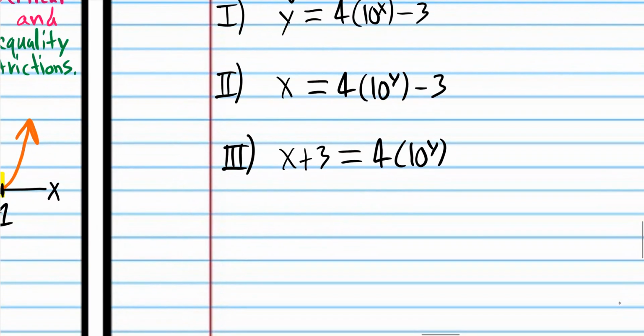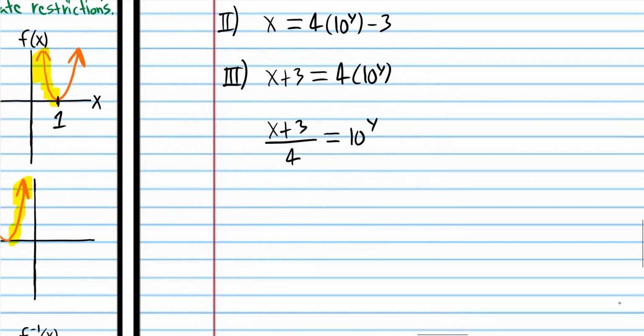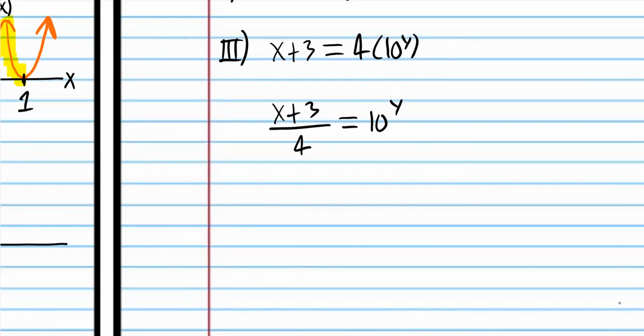Then we're going to divide both sides by 4. And at this point, we're stuck. We don't know what to do, unless we know how to translate from an exponential equation to a logarithmic equation, which is just something that you memorize. Y is equal to log base 10 of x plus 3 over 4.